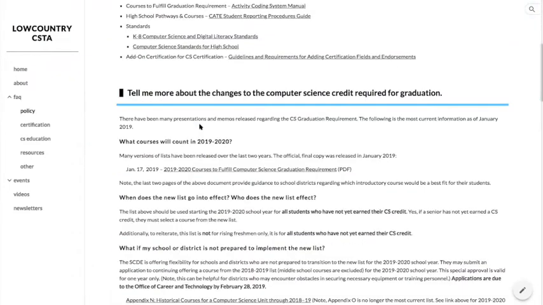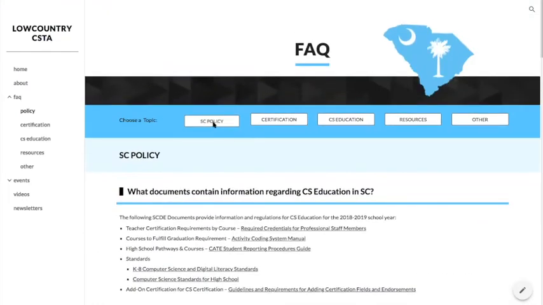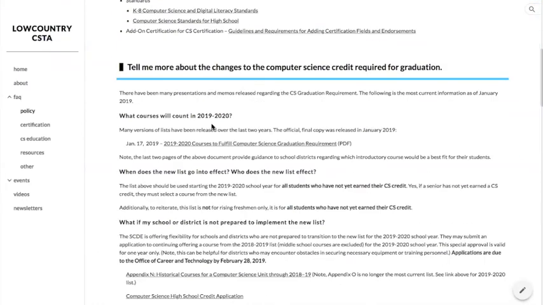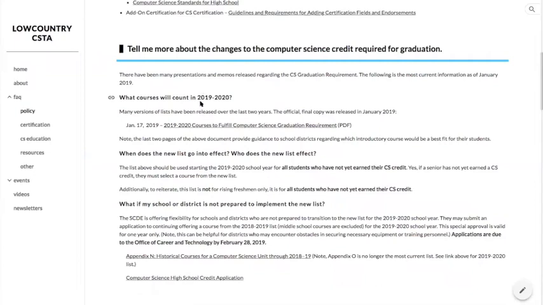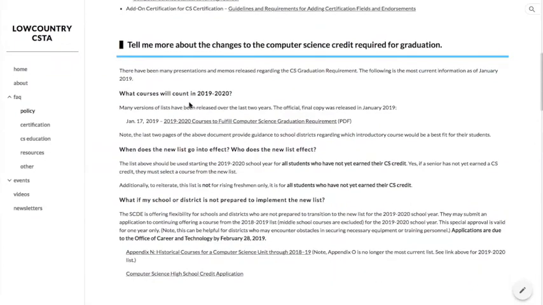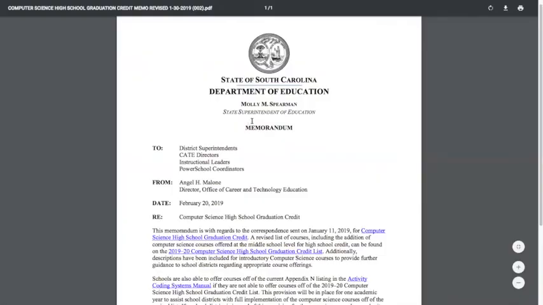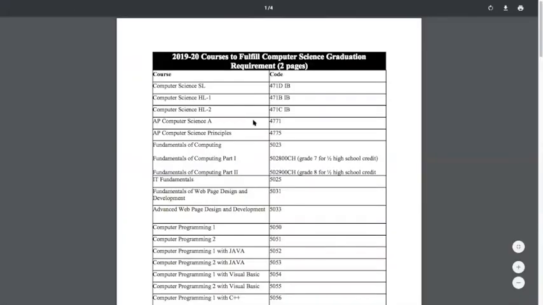When it comes to the graduation requirement, that is on the South Carolina Policy Frequently Asked Question tab, the second question down. The number one question right now is what courses will count in 2019-2020, and there's a link to the courses to fulfill the computer science graduation requirement, which takes you to the State Department of Education's website.